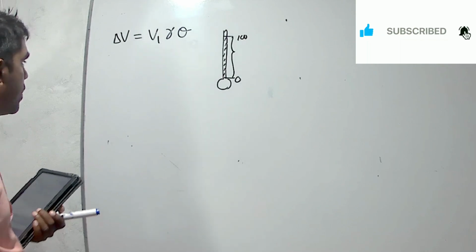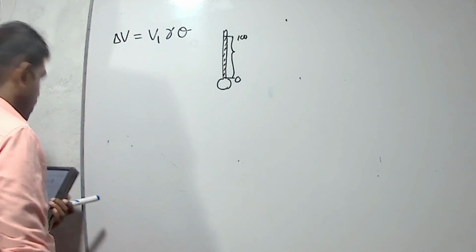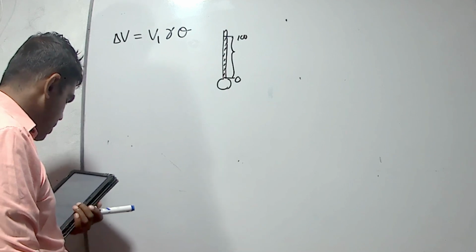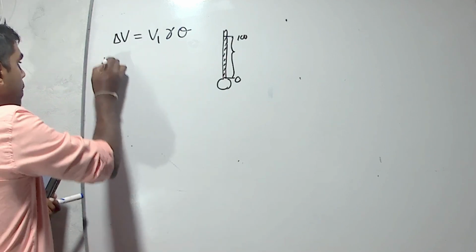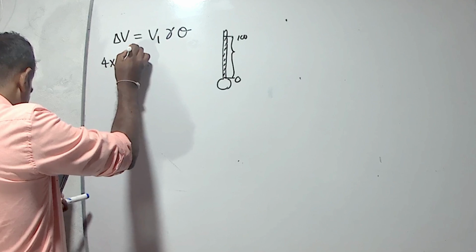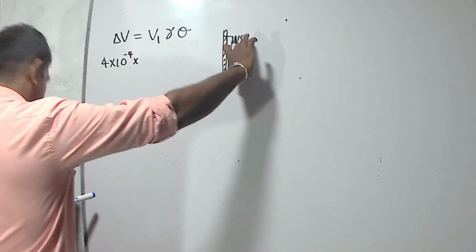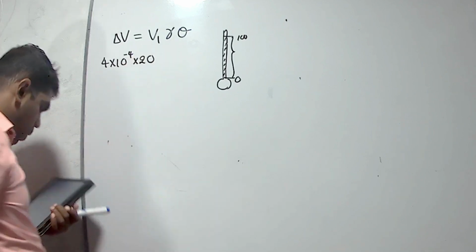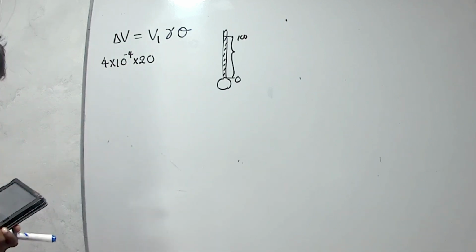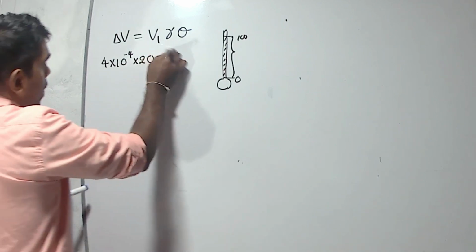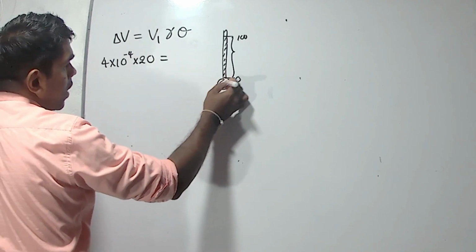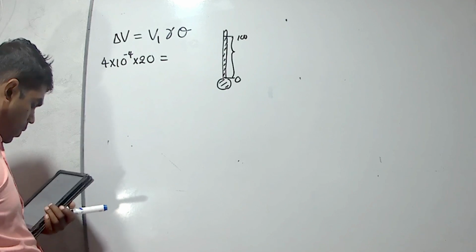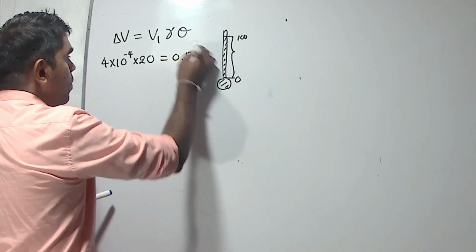Then it should be cross-sectional area into height. Cross-sectional area is given as 4 into 10 to the power minus 4. Height is 20 centimeters. All values are in centimeters, therefore we can use centimeter values. V1 is the initial mercury volume, which should be equal to the volume of the bulb, 0.5.